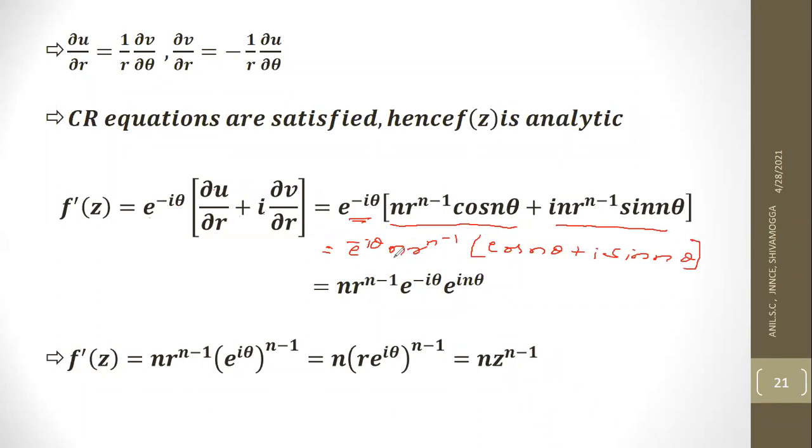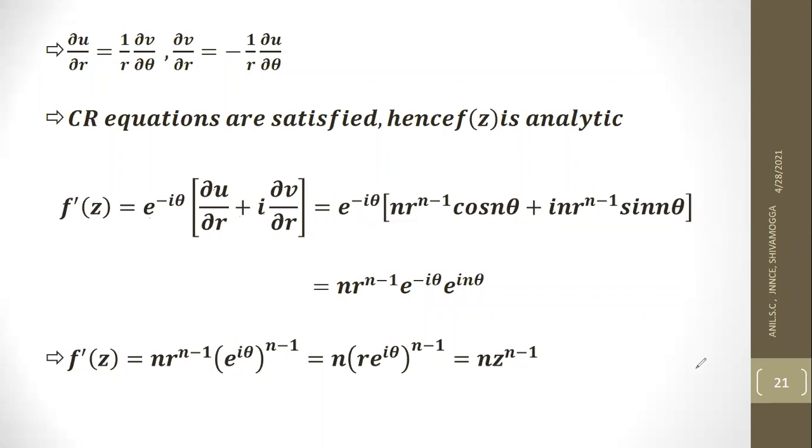Therefore, this is equal to n into r power n minus 1, e power minus I theta as it is, and cos n theta plus I sin n theta can be written as e power I n theta. So collectively it is n into r power n minus 1, e power minus I theta, e power I n theta.